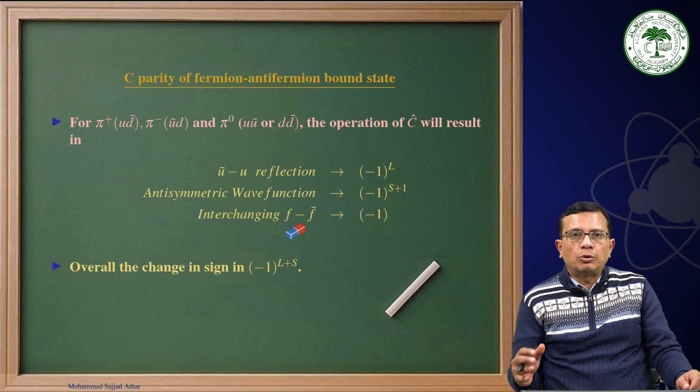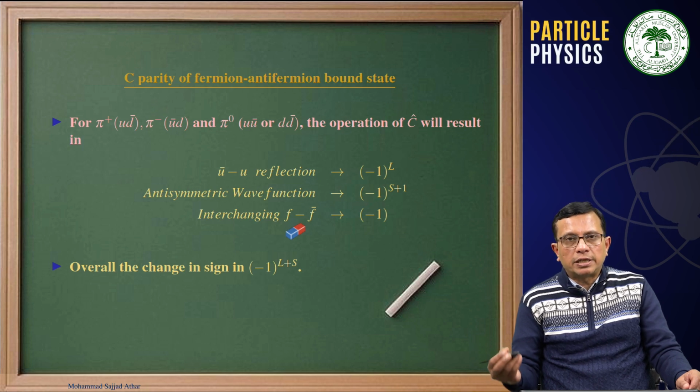The simplest quarkonium system that we can think of is pi plus, u d bar, or pi minus, that is u bar d, while the positronium system is e minus e plus.